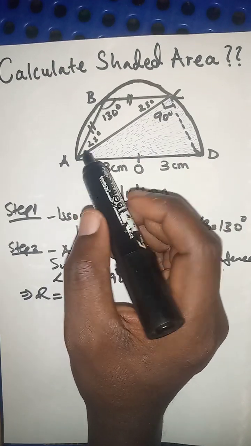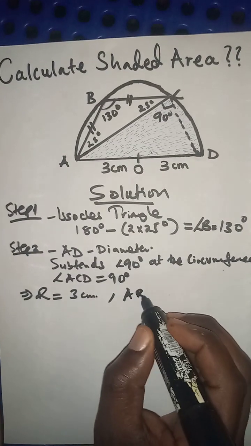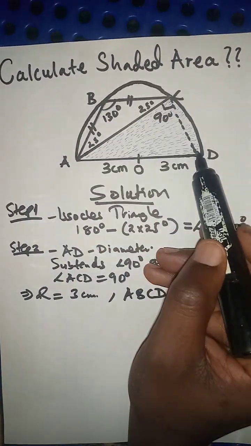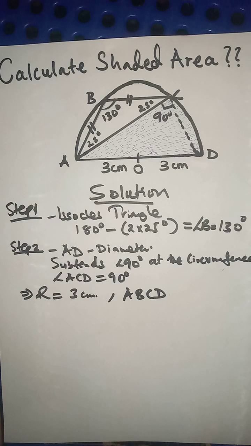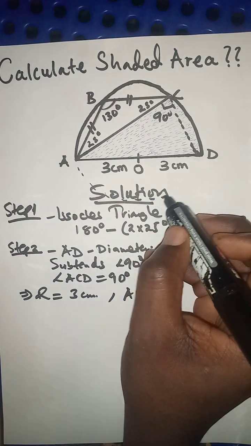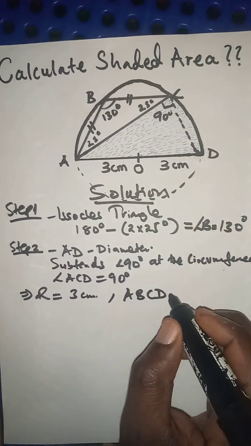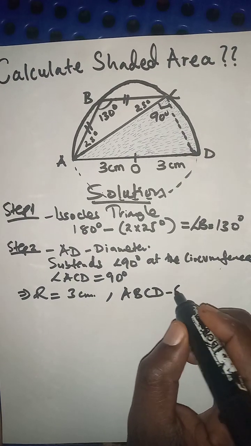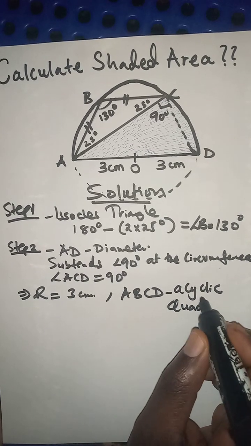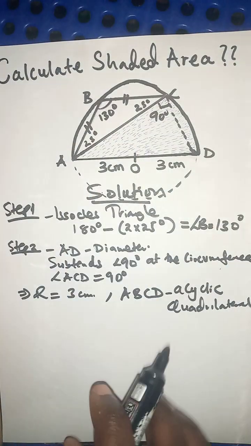So if I complete ABCD, it forms a quadrilateral. And if this circle was complete like that, then this ABCD would be a cyclic quadrilateral inside a given circle.